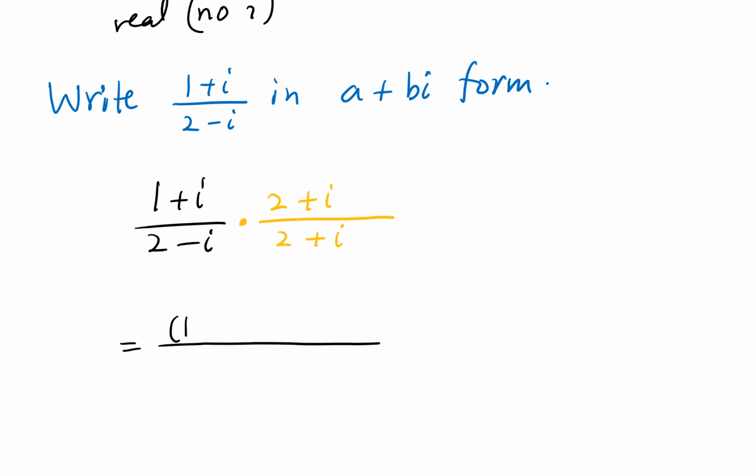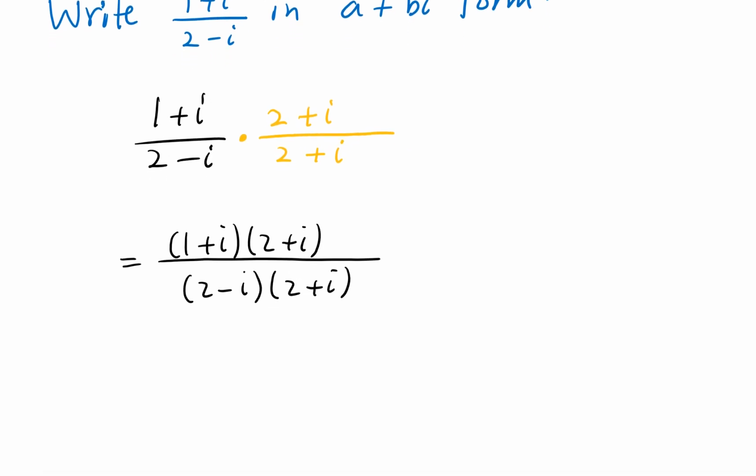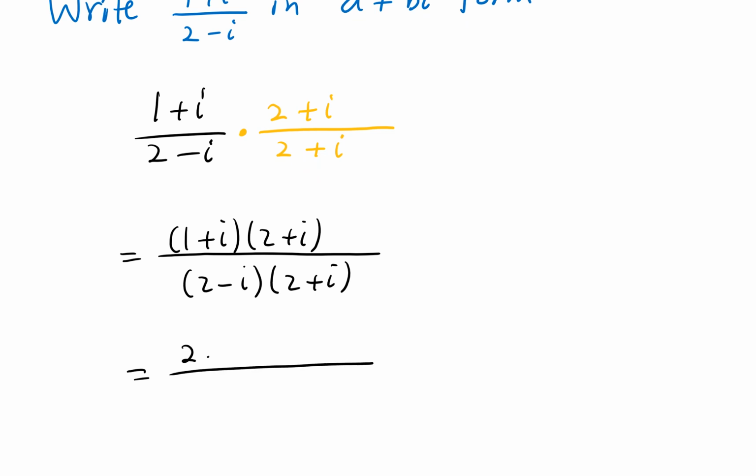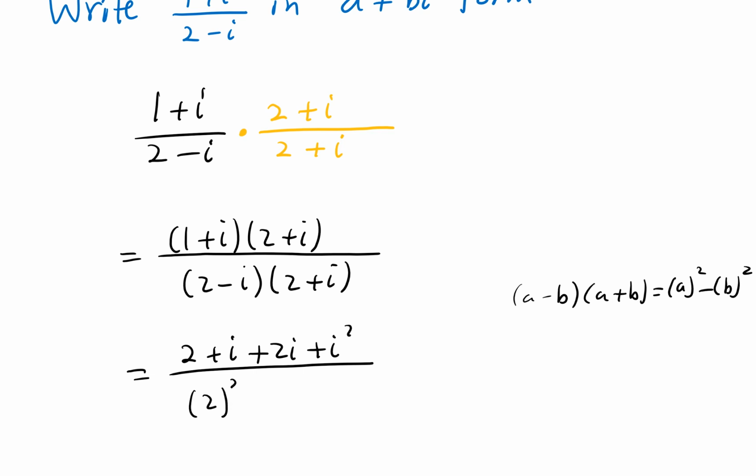And then what you get? Top times the top, 1 plus i times 2 plus i, over 2 minus i times 2 plus i. On the top you get 2 plus i plus 2i plus i squared. The denominator looks like a minus b times a plus b. The shortcut is a squared minus b squared: the first one squared minus the second one squared.